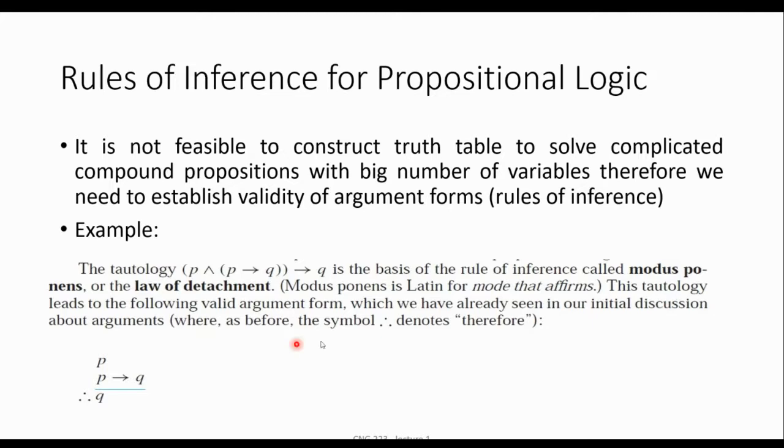So this tautology leads to the following valid argument form, which we have already seen in our initial discussion. We mentioned that this symbol means therefore, or it implies, or thus, something like that. In conclusion, usually we use this. In the previous one, we used P after the implication.